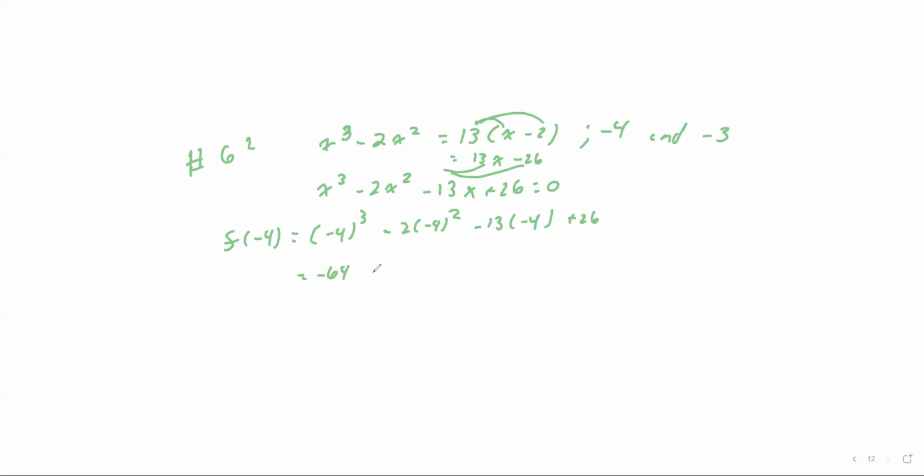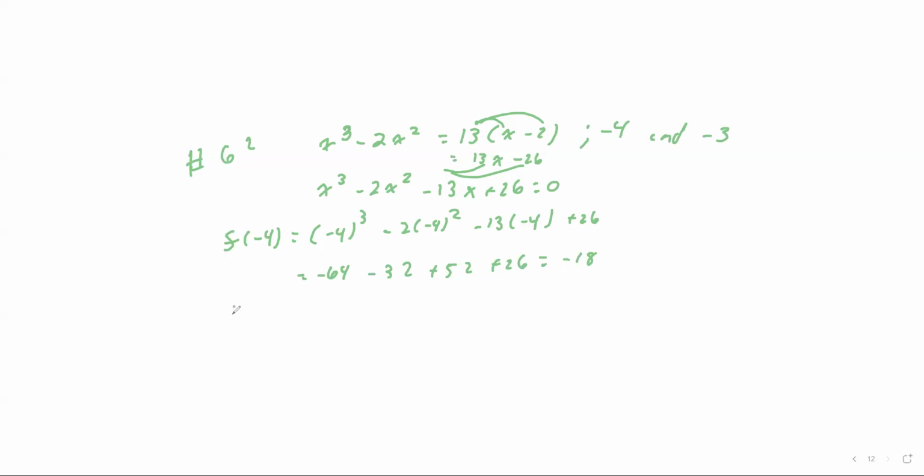And then that'd be 2 times 16, that's -32. Ooh, that's going to be positive, and that would be 40, 52, 26. Oh man, that's going to be -96. -96 plus 26 would be -70. -70 plus 52 would be -18.